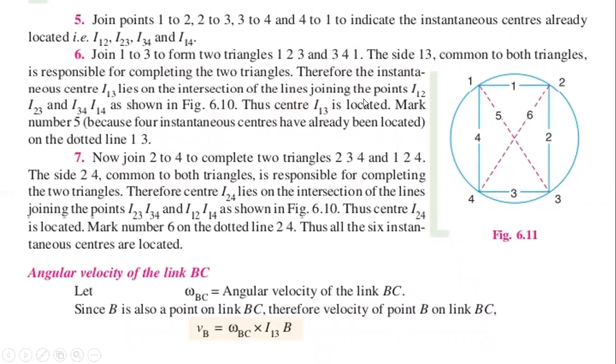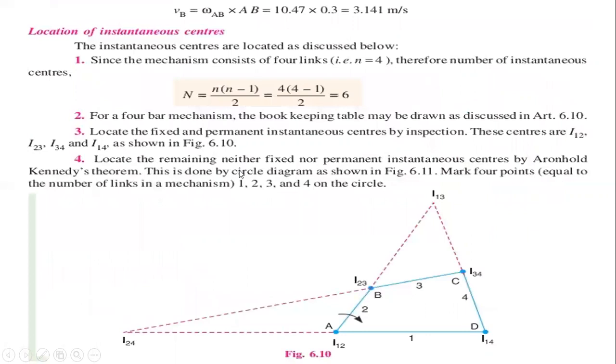Then join the points 1 to 2 and 2 to 3, 3 to 4 and 4 to 1 to indicate the instantaneous centers already located, that is I12, I23, I34 and I14.